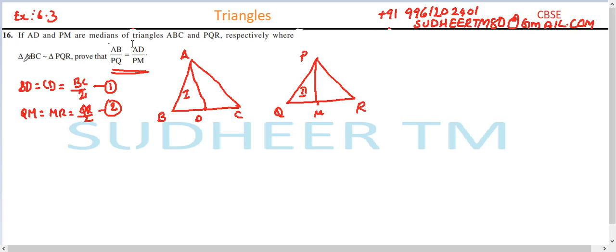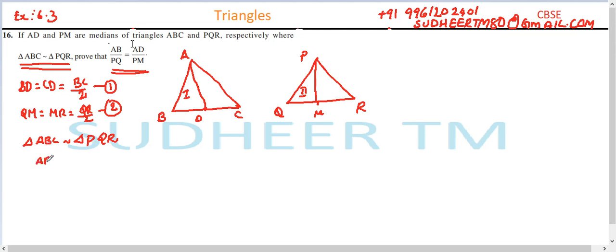Now also it is given triangle ABC is similar to triangle PQR. So let us start with that. Triangle ABC similar to triangle PQR. Then we can write the corresponding sides are in equal ratio.